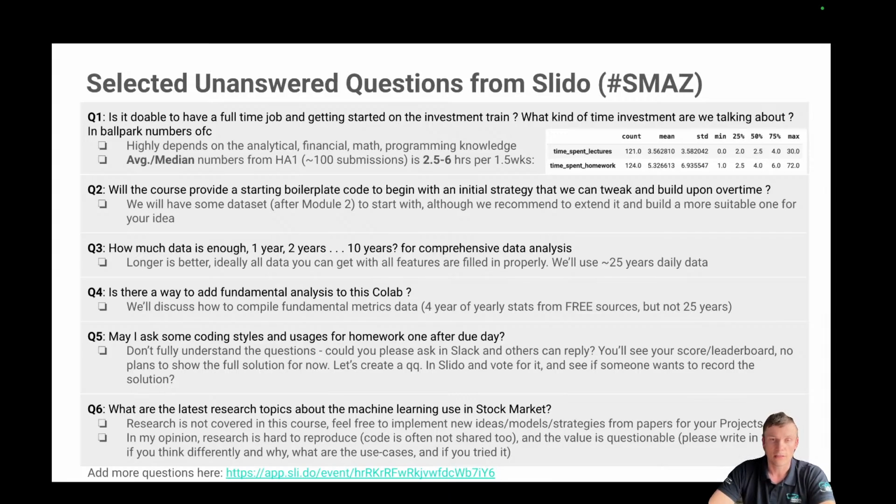In my opinion, and in my limited experience, oftentimes it is hard to reproduce the research, the code is not shared, and the value is questionable. So you might end up spending 1 month in trying to reproduce some research paper, and you won't see great results in terms of model accuracy improvement or profits improvement. Or you will. Let us know.